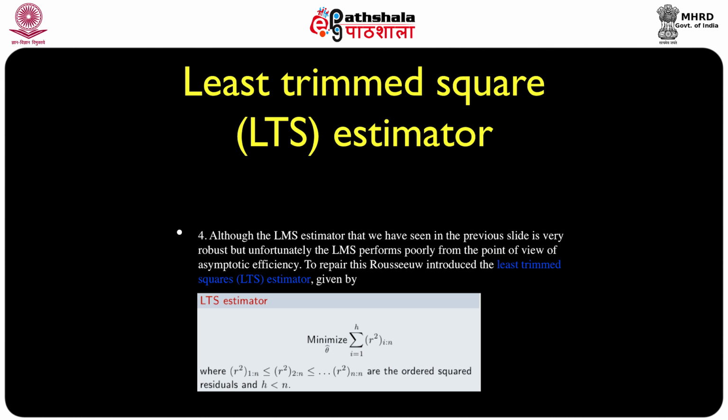N is the number of observations in our data set. So what we basically do here is we obtain the residuals, we square the residuals, and then we order them in increasing order and use the first h squares of residuals to find the sum and minimize this function to obtain the estimates of the regression coefficients.